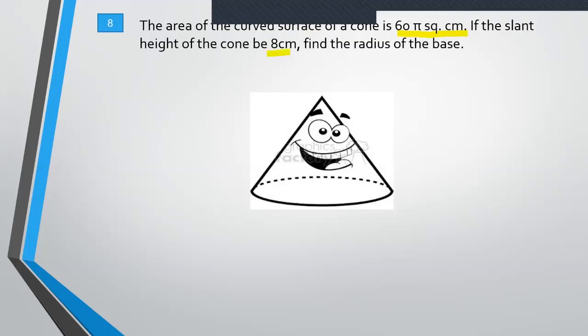Slant height is 8. Find R. Simply put down, need not calculate anything. See how nicely things get cancelled off. So CSA is given to you. Use the formula. CSA is pi RL. That's it.